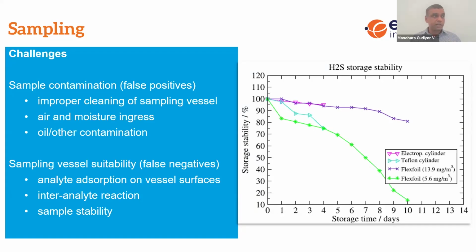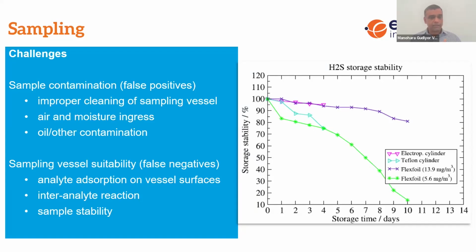Another possible scenario, which is more likely in CCS, is inter-analyte reactions, because there are many possibilities that various components react to give products which we did not expect. Without an understanding of proper chemistry and proper probes, we are not in a position to say accurately that what's measured is what it is.